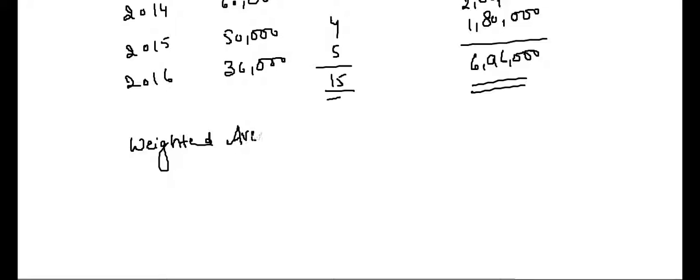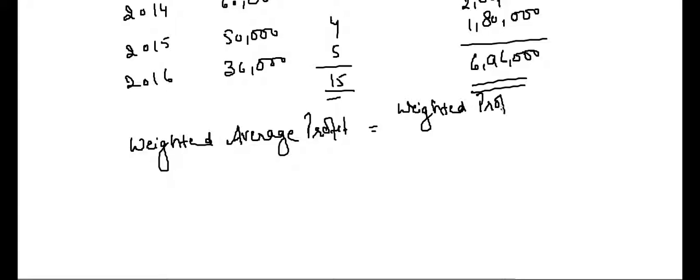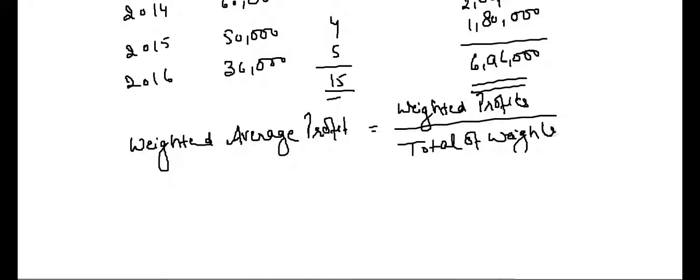Weighted average profits. Now how we are going to do the average is we'll divide the weighted profits by the total of weights. Clear?